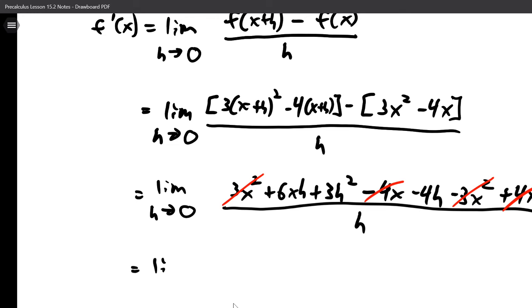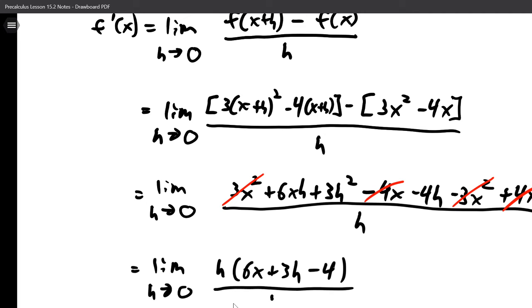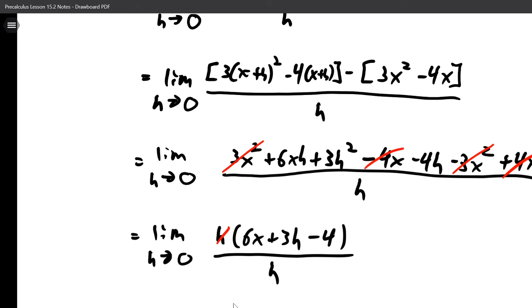So equals the limit as h approaches 0 of h times 6x plus 3h minus 4, all over h, those cancel.